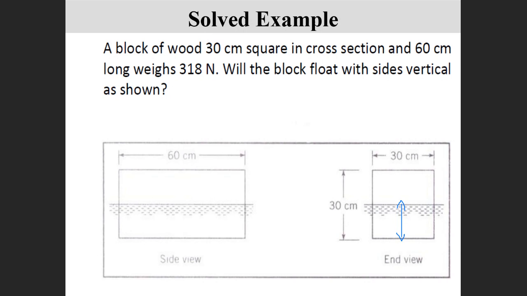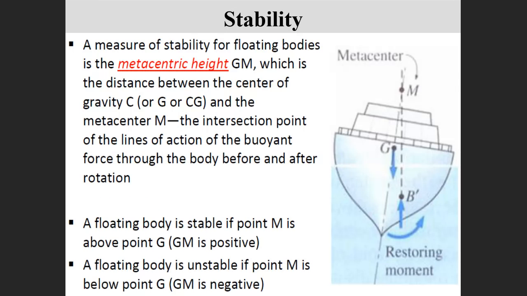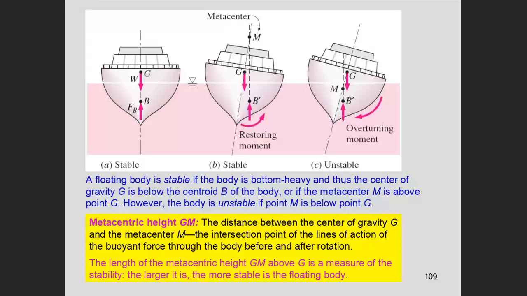So the first thing you need to do, because if you look carefully here, you need to define how much is it in depth, how much has it gone down, how much is this part, so that you can define where G, the center of gravity, is.